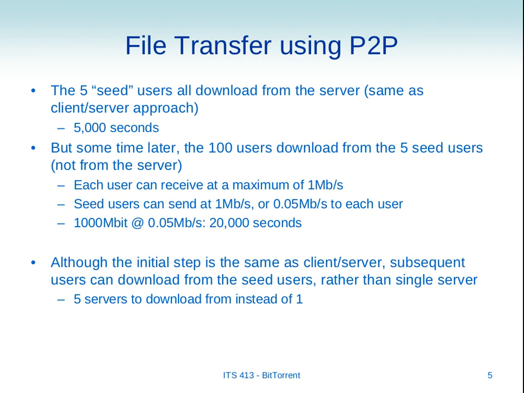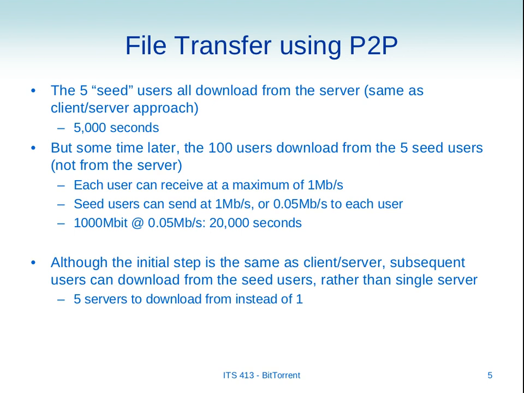In summary, the first 5 clients, same as in the previous example, take 5,000 seconds to download from the server. The next 100 clients do not download from the server. They download from the first 5 clients that already have the file. And because we effectively have 5 servers here instead of 1, we've got an increase in speed of a factor of 5, or a decrease in the time to download of a factor of 5.